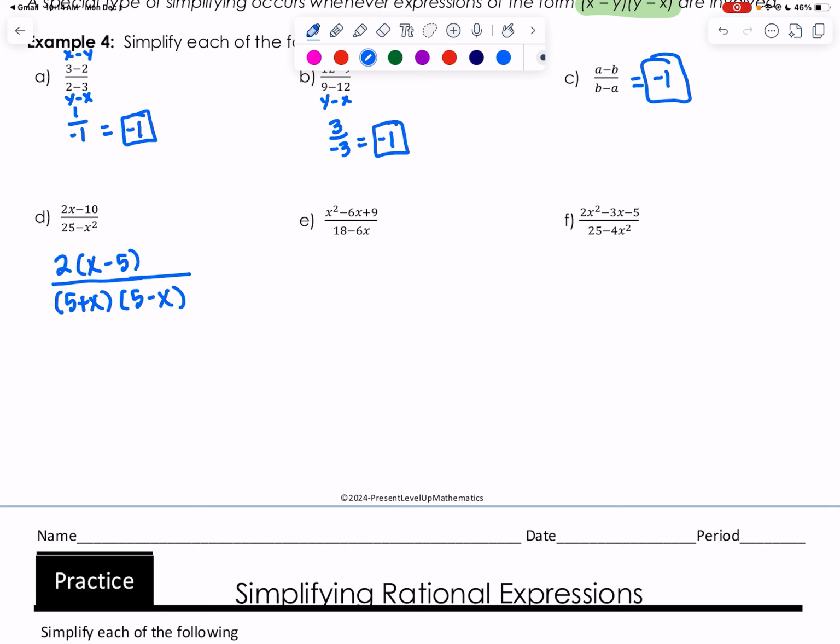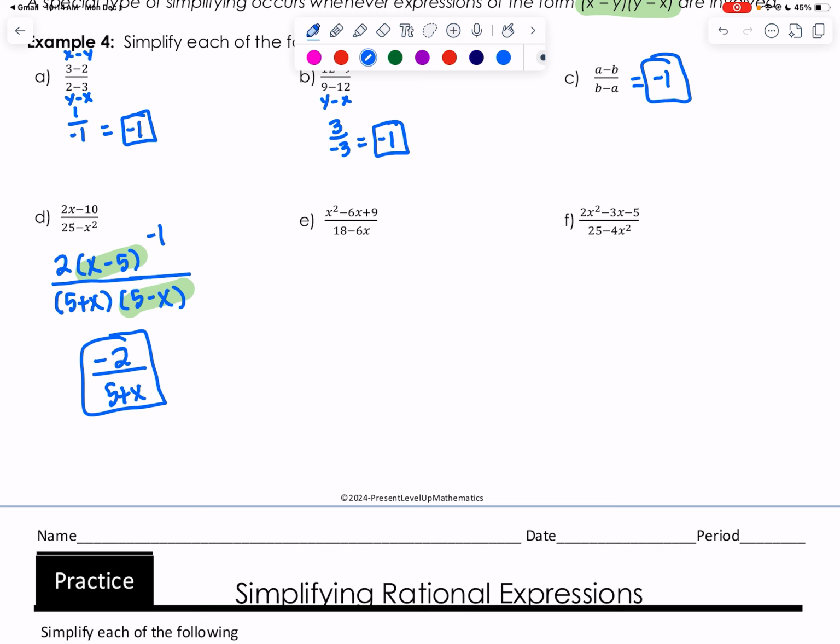Now, what I want you to notice is x minus 5 and 5 minus x. That divides out to be negative 1. Negative 1, not 1, but negative 1. So what's left on the top? 2 times negative 1 is negative 2. What's left on the bottom? Just 5 plus x.